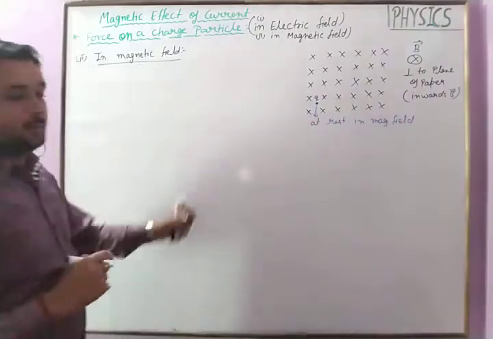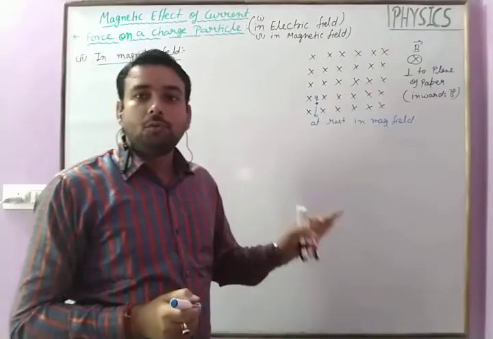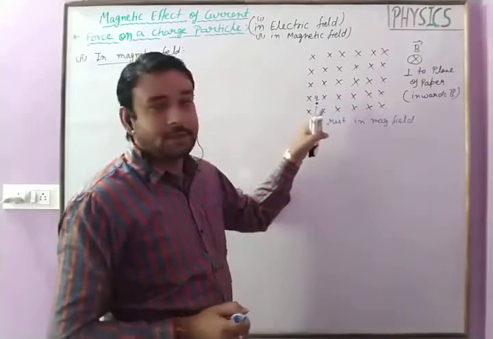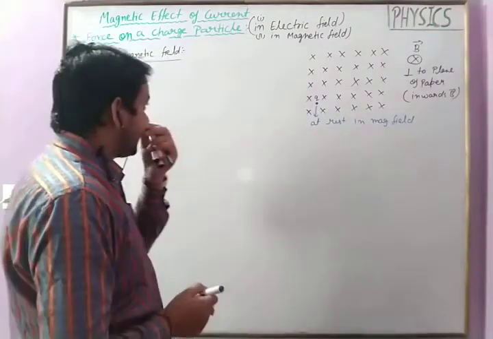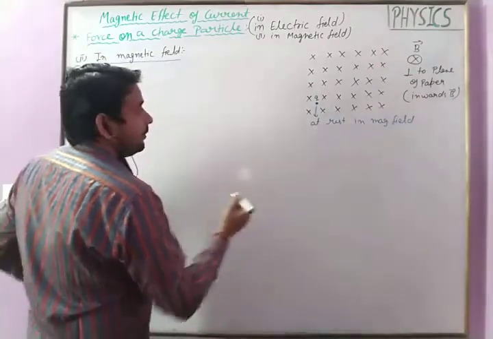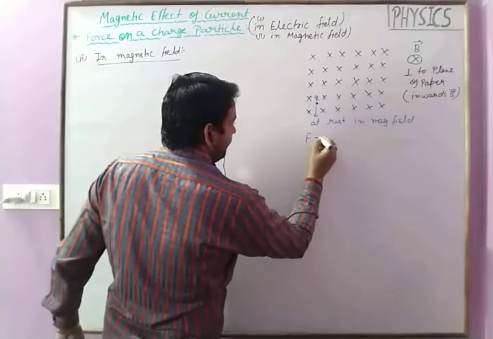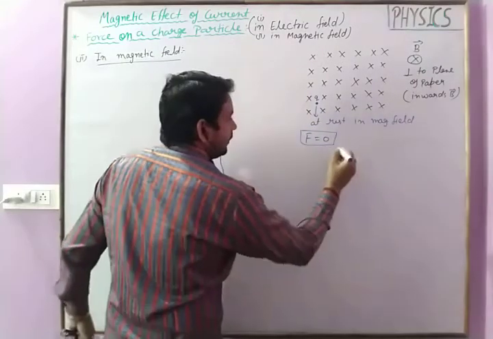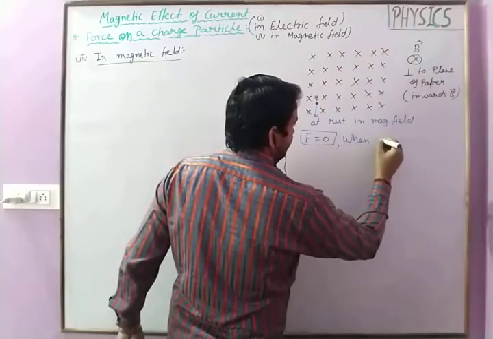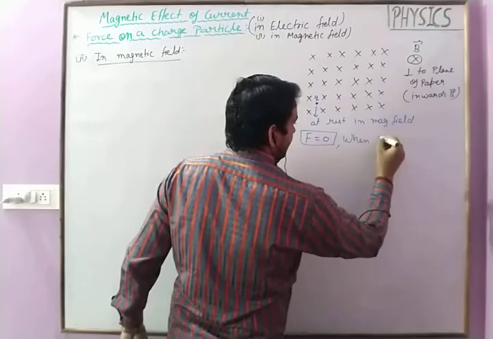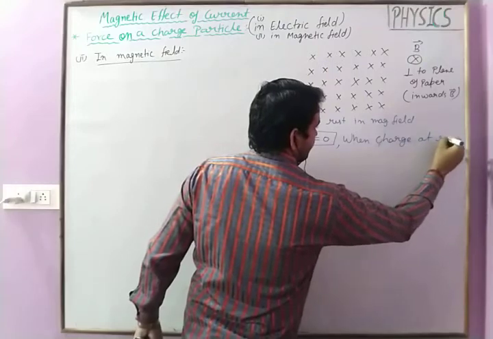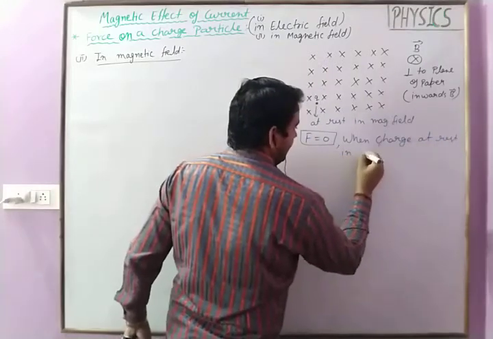Because it is at rest in the magnetic field, there is no force experienced by the particle in the magnetic field. Secondly, we say F is equal to 0 when the charged particle is at rest in a magnetic field.